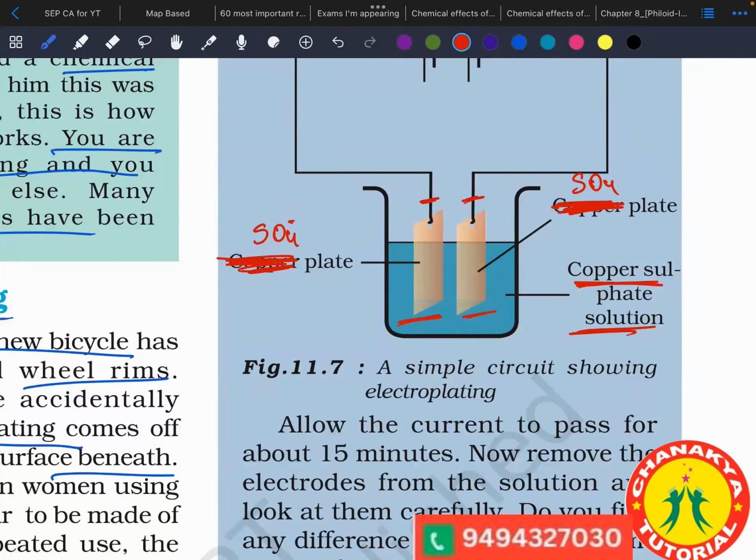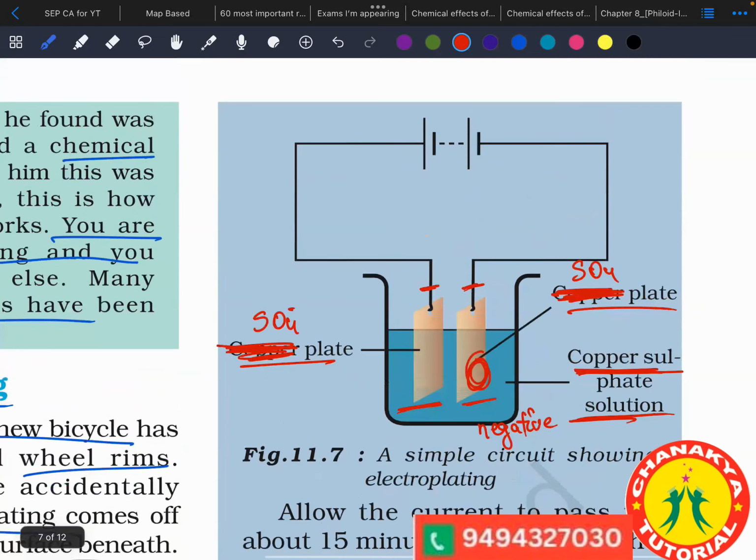Earlier we were having copper plates on both sides, and we were using copper sulfate solution. So the copper sulfate solution will break down, and the copper will go to the negative terminal and deposit on it. This one was negative, this one is positive.